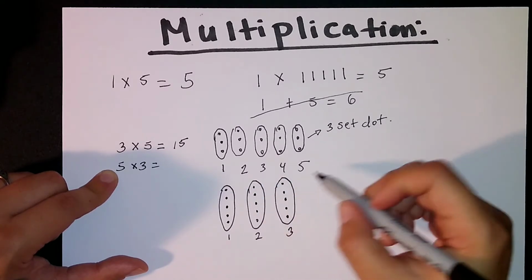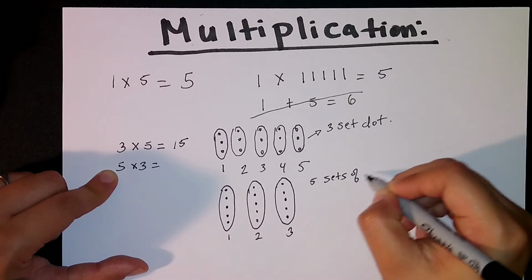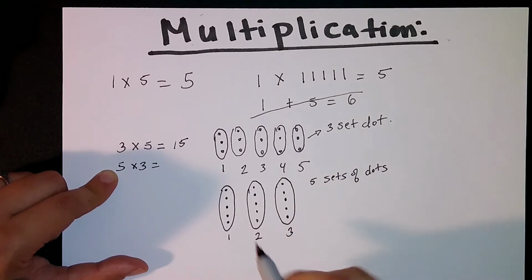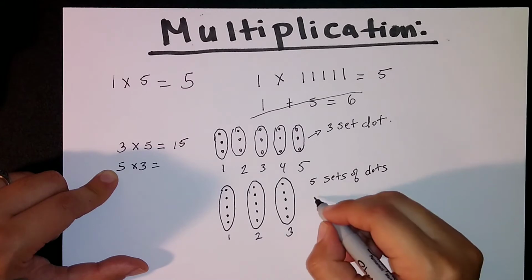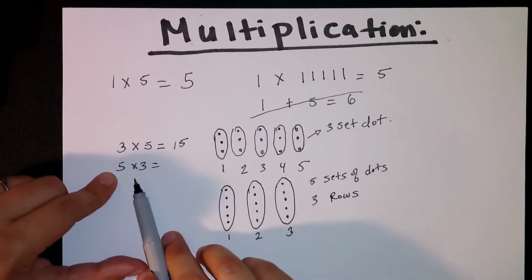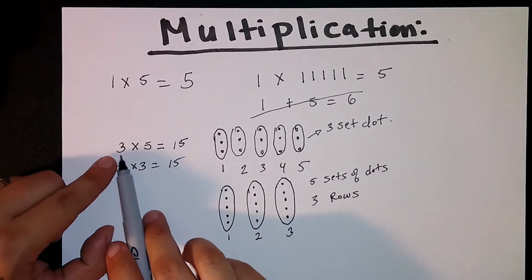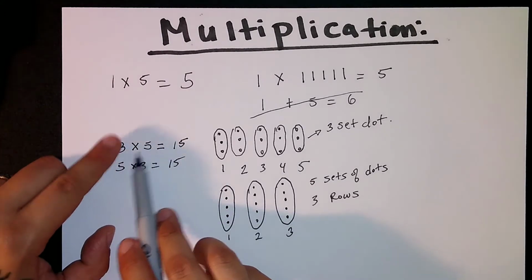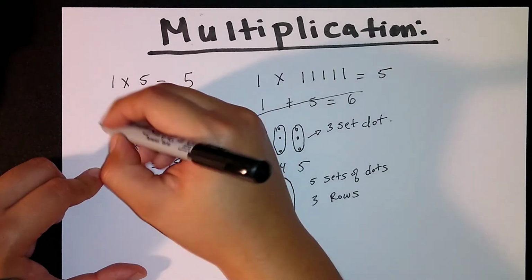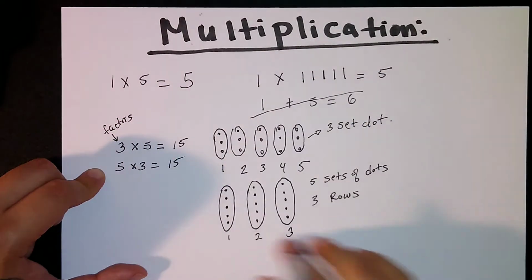So we have 5 dots, 5 sets of dots, and we have 3 rows. So 5 times 3 is 15. And all we did here was just switch the placements of the factors. These are factors. Okay?